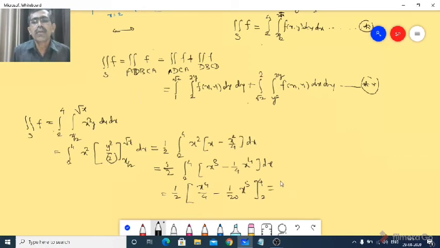So that will give you half, 4 raised to 4 by 4 means that is 4 cube, so that is 64, minus, 4 raised to 5 by 20, the 4 will go, so 4 raised to 4 is 256 by 5.